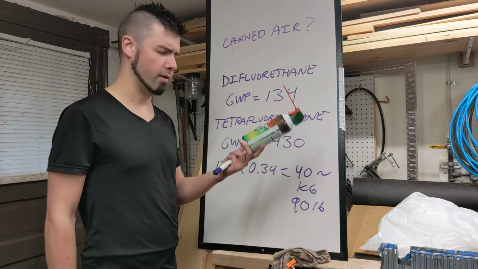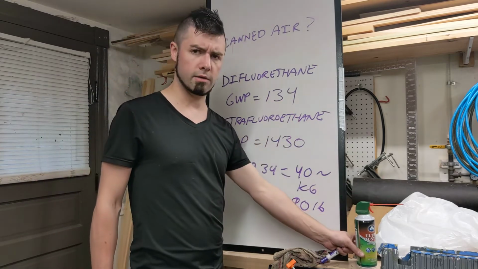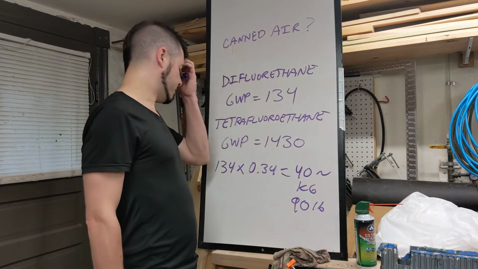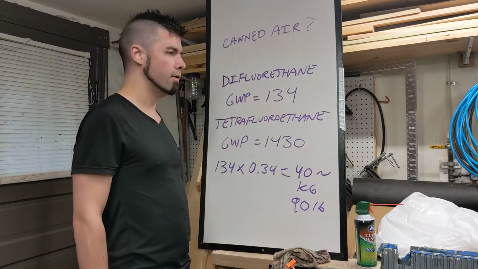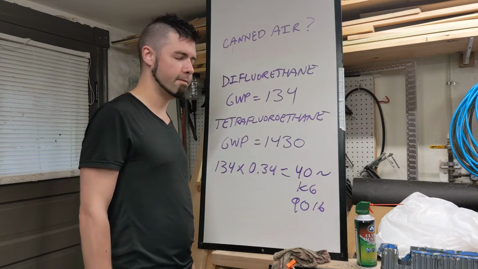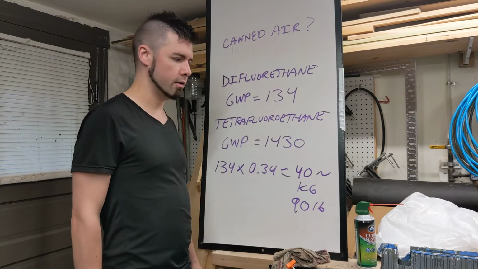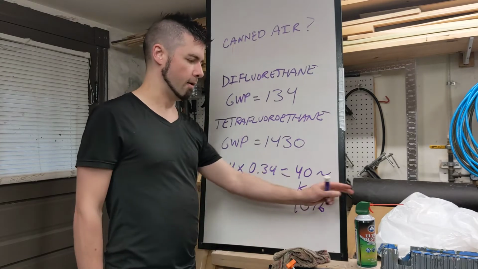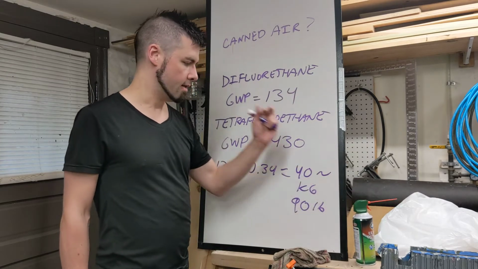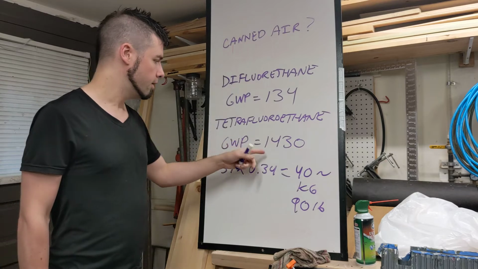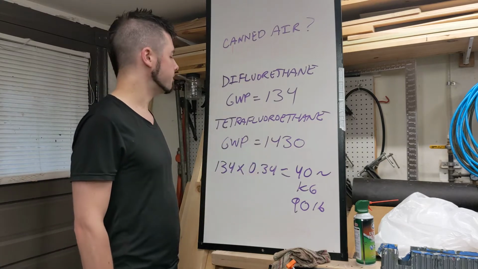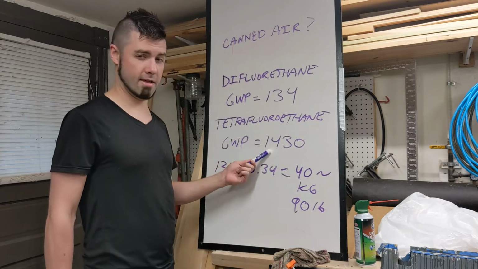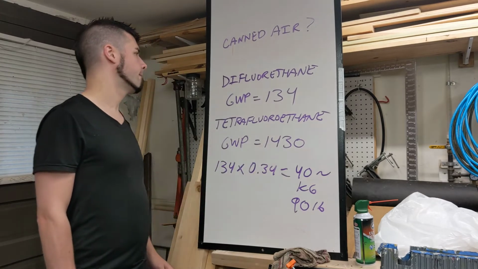If you go to the store to buy one of these now, you're probably looking at $10 or so for some gas. Whereas you can buy an air compressor at Harbor Freight for less than $100, a little pancake compressor, and pay for itself over a few of these cans. And you're not contributing to all this greenhouse effect. You're using a little bit of electricity, but it's nothing compared to this nonsense.